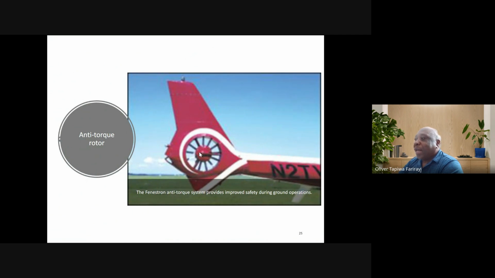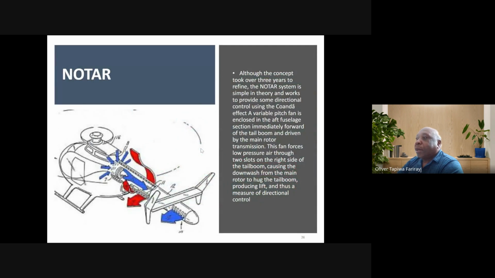Anti-torque, again, there's an example there of an anti-torque system. Now, if you look at this one here, it doesn't have one. So these are NOTAR systems. This is a new concept.